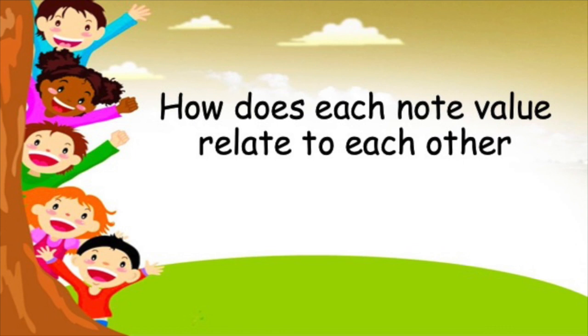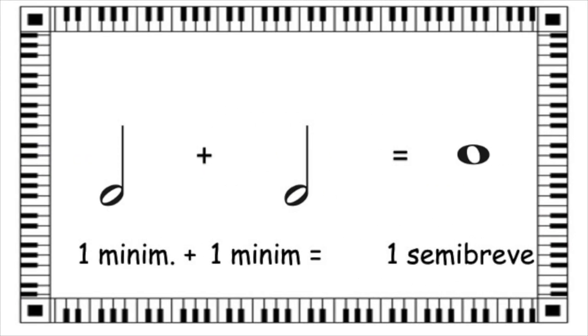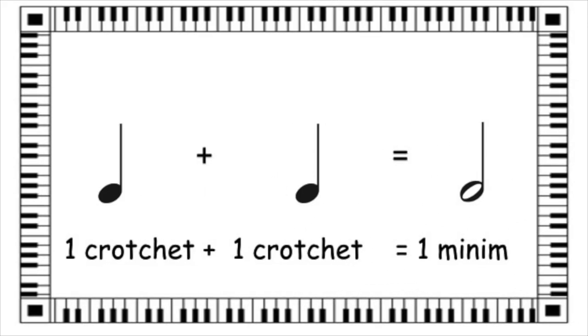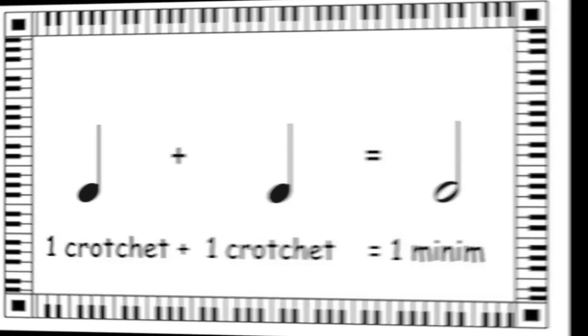Now, we are going to take a look at how each note value relates to one another. One minim and another minim would give you 1 semibreve. So therefore, 1 crotchet and 1 crotchet together give you 1 minim.